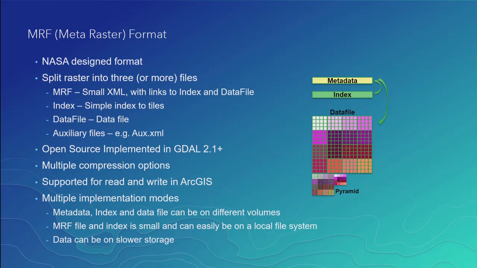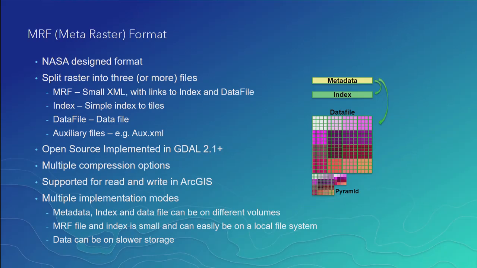So this MRF file format was originally designed by NASA. Essentially, it splits the raster, like I said, into three parts. The MRF file, which essentially is a pointer to two files, the IDX and the data file. IDX is a simple index to the raw data. The format is an open source implementation. It's part of GDAL 2.1 and beyond.